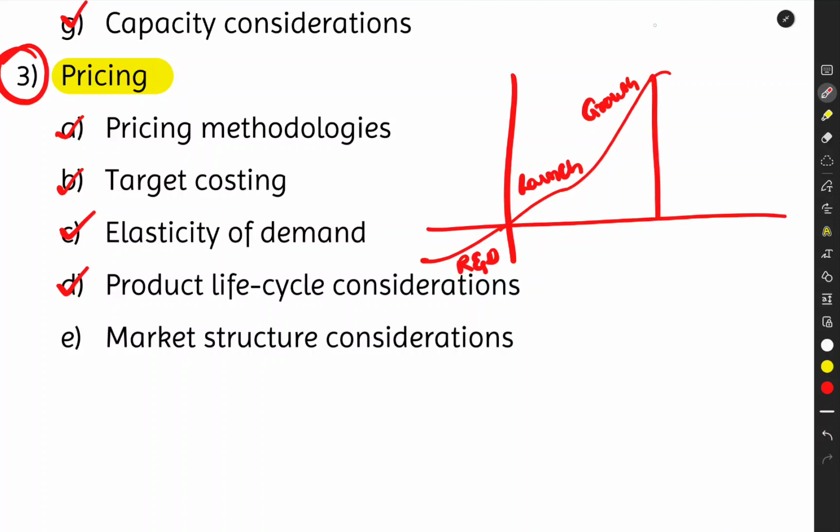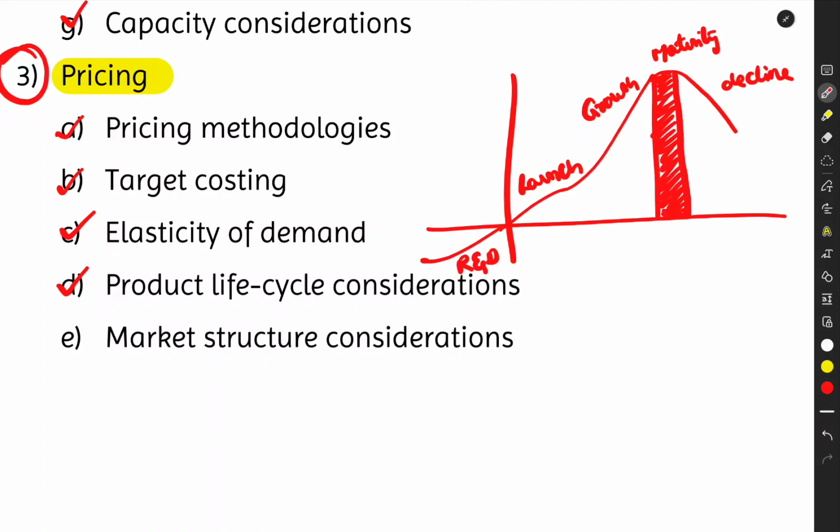Then you will reach a maturity phase, or we can call it a peak position. Most of your customers have already bought your product. You have no more new customers to attract, and then you'll have your decline phase, which is the downfall of it. The maturity phase usually has a buffer, a gap here.